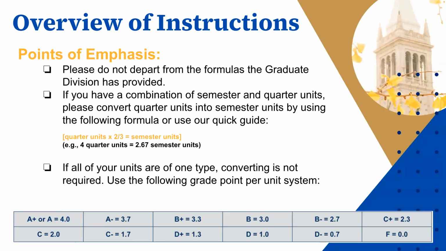Now the overview of instructions, points to emphasize: we don't want you to depart from the formulas listed below, as this is set by the graduate division. What that means is these credit units are attached to a letter grade. So if it's A plus or A, then that would total out to 4.0.